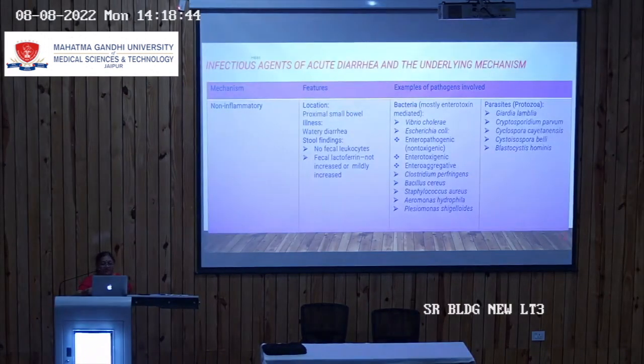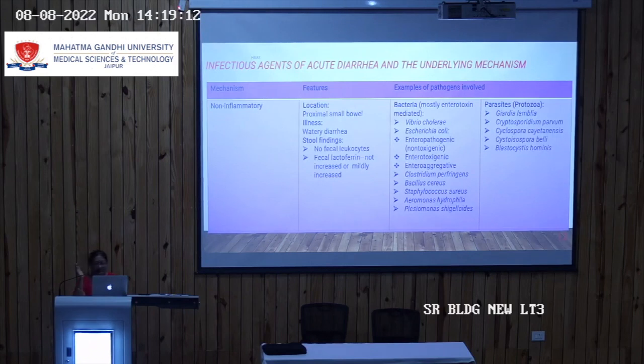These are the infectious agents of acute diarrhea and the underlying mechanism which causes the diarrhea. First of all, the mechanism is non-inflammatory. These agents do not cause inflammation in the intestinal mucosa. The location is the proximal small intestine. Proximal means the upper part of the small intestine.